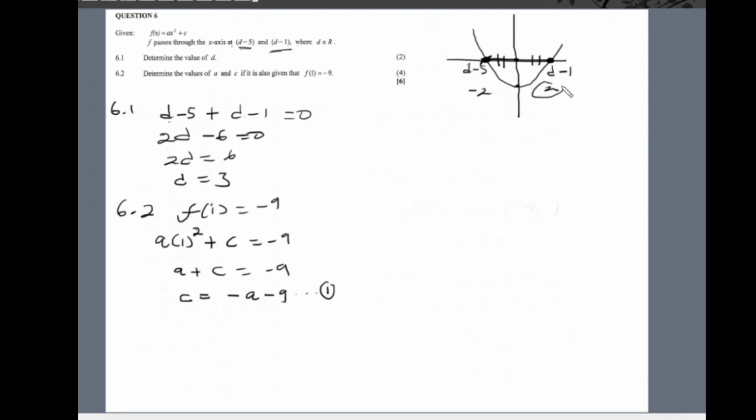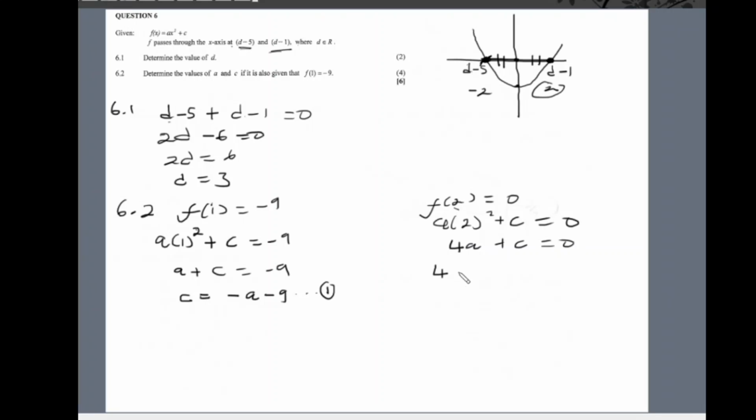I'll just use this one, meaning if I substitute 2 in my equation, I should get 0 because 2 is the x-intercept, right? So here I'll have a times 2 squared plus c is equal to 0, and this will be 4a plus c equals 0.